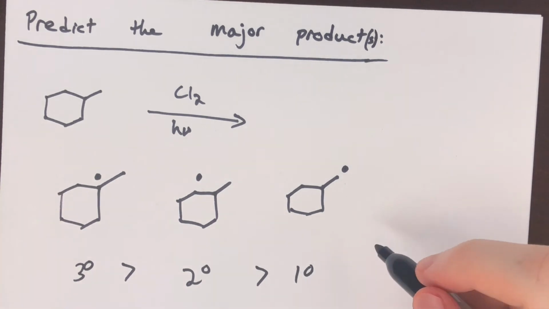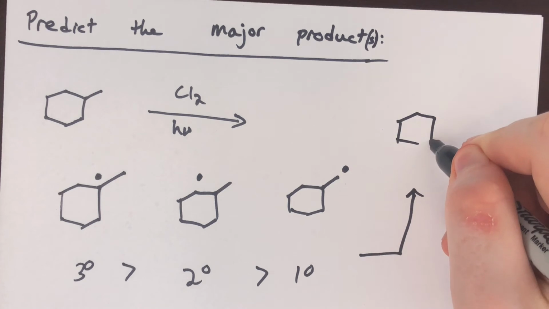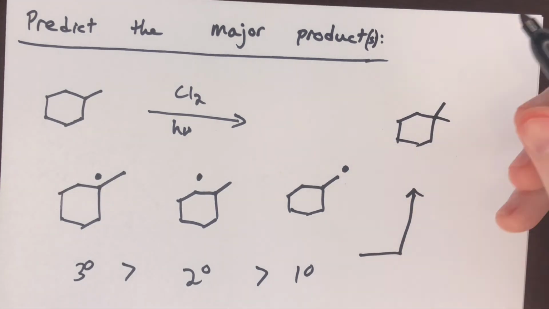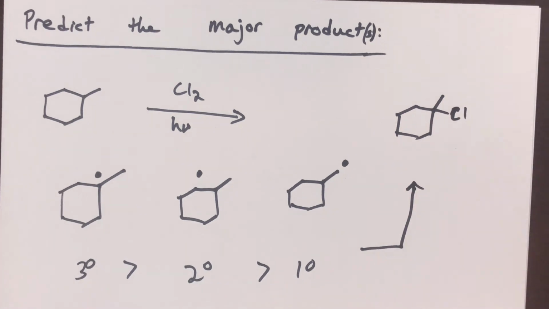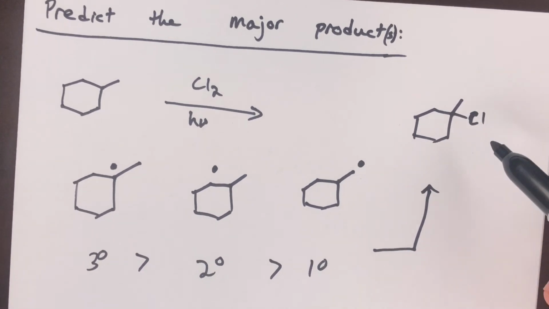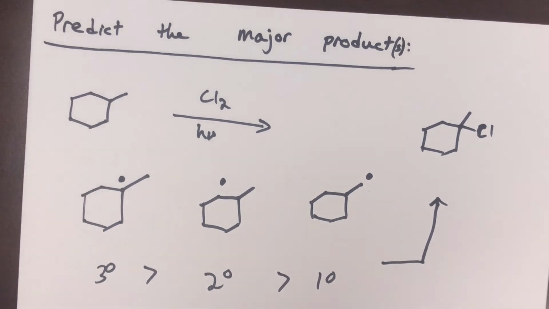So our major product is certainly going to be the one going through the tertiary radical. And again, we're using chlorine in this case. It can be any halogen. Chlorine and bromine work the best. There are instances of others.